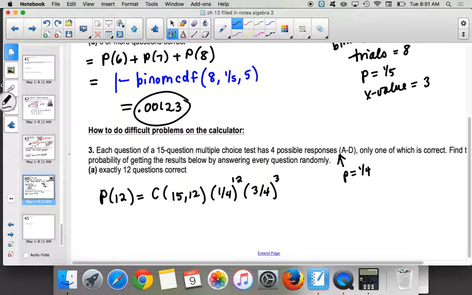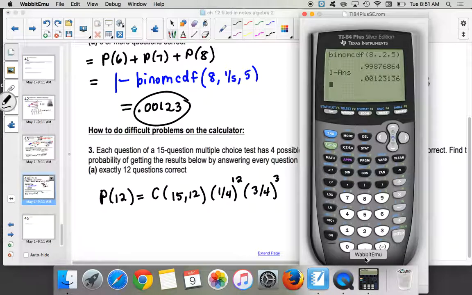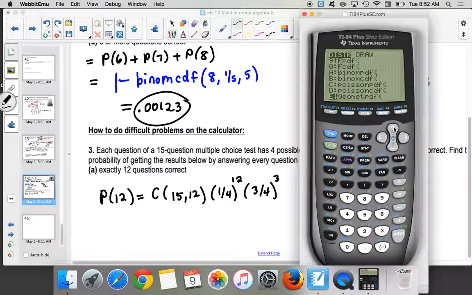So we could do that without using the Binomial Pdf, Binomial Cdf. We could get that. But if we use this button, it's much faster. So we're going to do math, or we're going to do second distribution. Do I want a CDF or a PDF? PDF. We just want that one piece, right? And we have 15 trials. Our probability of getting each one right is 0.25 or 1/4.